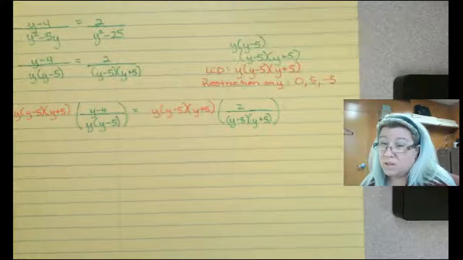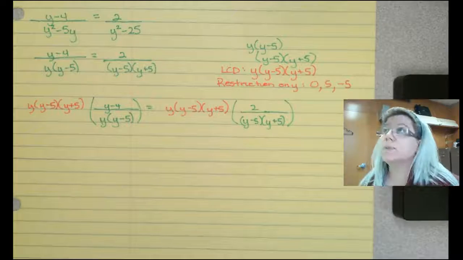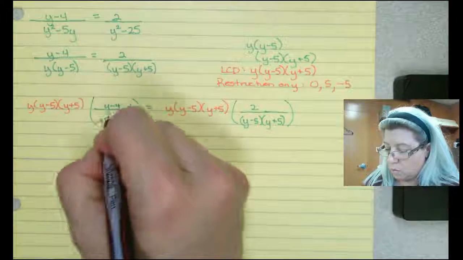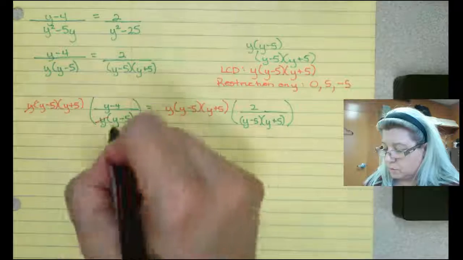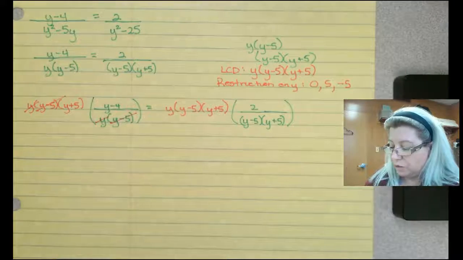Okay. Before I do all this multiplication, trust me, I want to reduce. Y and y will reduce. Y minus 5, y minus 5 will reduce.